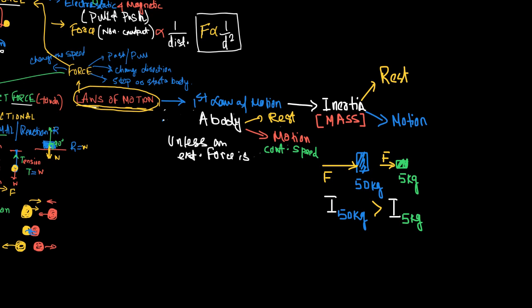Now imagine this. Is it true for inertia of motion also? Let's see. Suppose someone is riding a bicycle, and another person is riding a car, and I need to stop them. Which is easy, to stop a bicycle or to stop a car? You might ask, sir, how will you be able to stop a car?